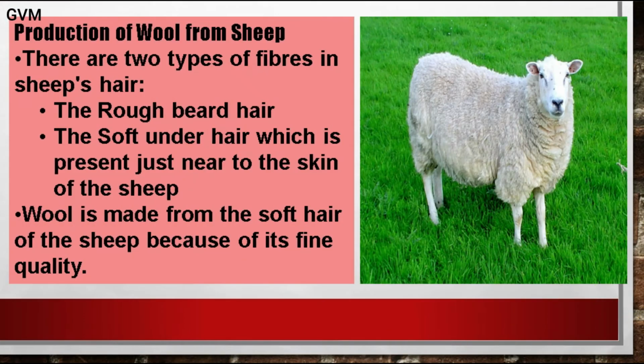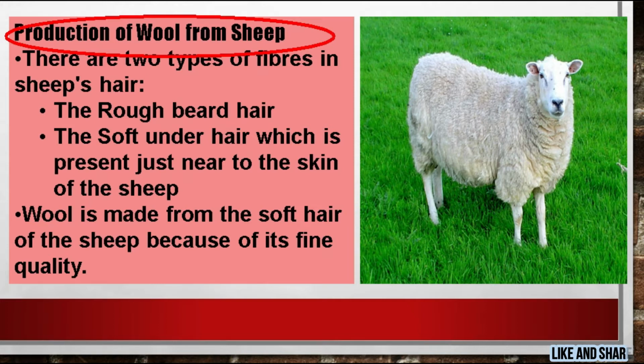Now as you can see here the heading, production of wool from sheep. Wool is basically obtained from the fleece or hair of sheep, and the hairy skin of the sheep has two types of fibers that form its fleece.